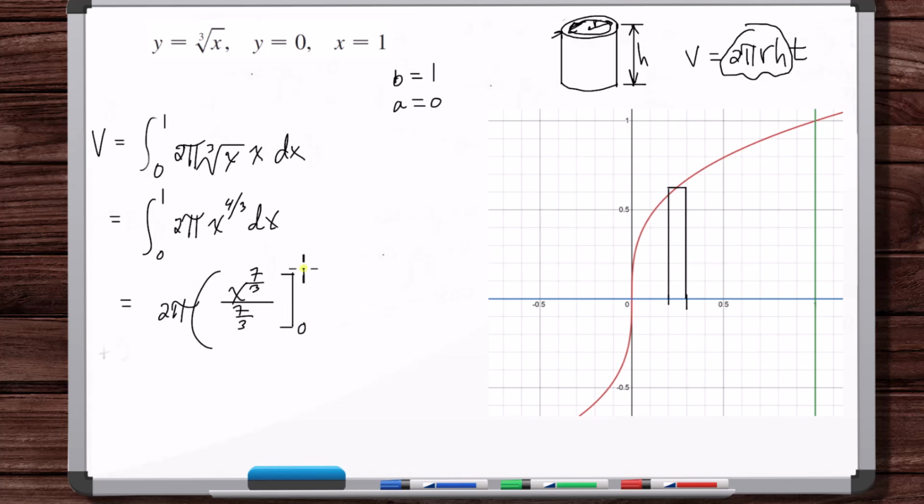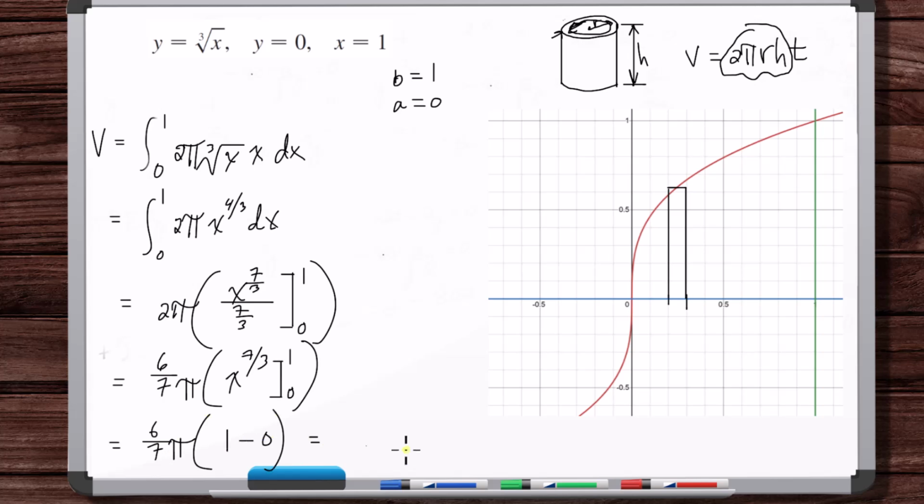Take this from 0 to 1. So this becomes 3/7. We can bring that out. So 6/7 pi, and then we've got x to the 7/3. This is just 1 minus 0. There you go.